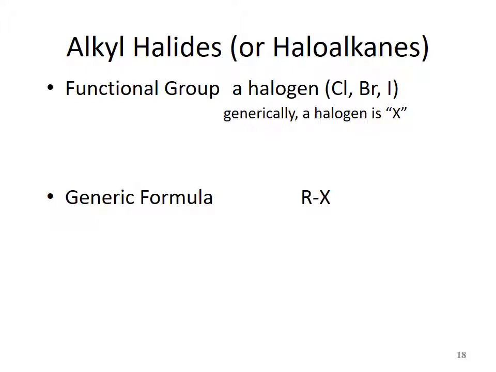So if you see R-X, you know you've got a halide here. For example, methyl iodide. It's very similar to the structure I showed you last week, except instead of fluorine here, you have an iodine there.